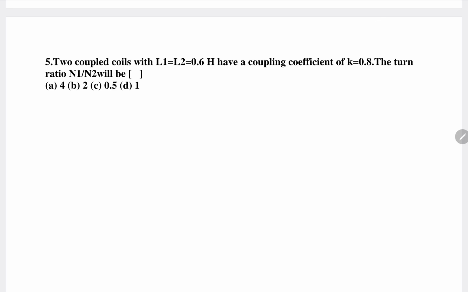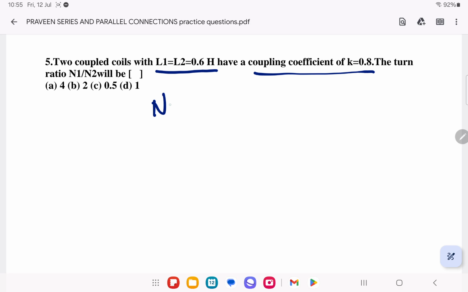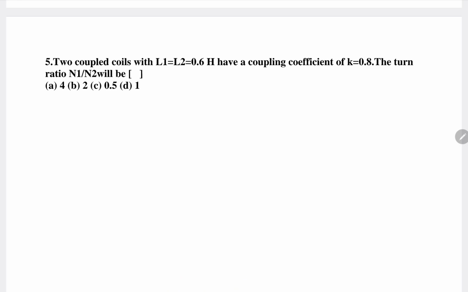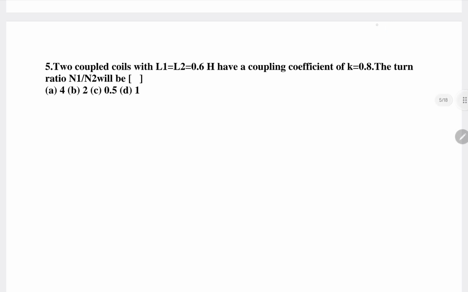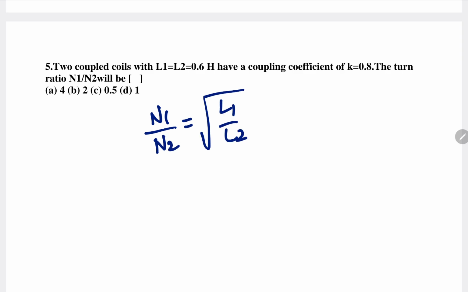Next, two coupled coils with L1 equal to L2 equal to 0.6 and coefficient of coupling K equal to 0.8. The turns ratio N1 by N2 will be? Whenever K is equal to 1, we have the relation N1 by N2 is equal to root of L1 by L2.